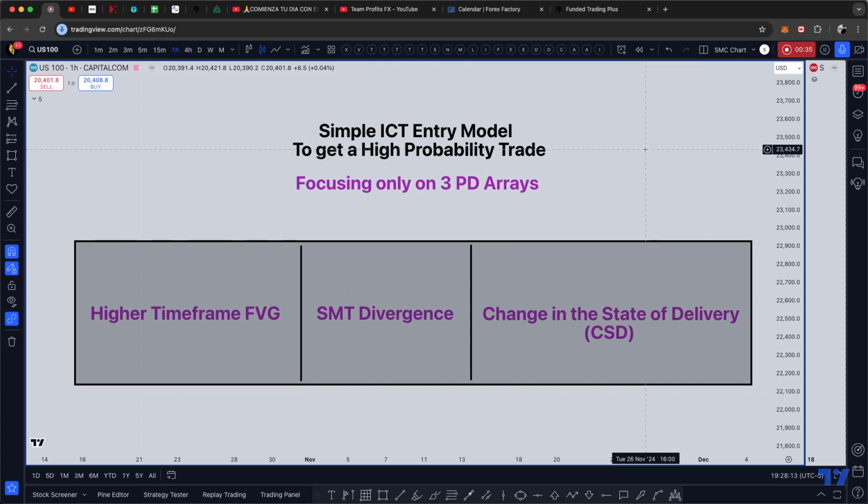If you have ever traded ICT, or if you've been going through some of his videos and his concepts, you know there are a ton of PD arrays, or confluencers, or signals, whatever you want to call it.